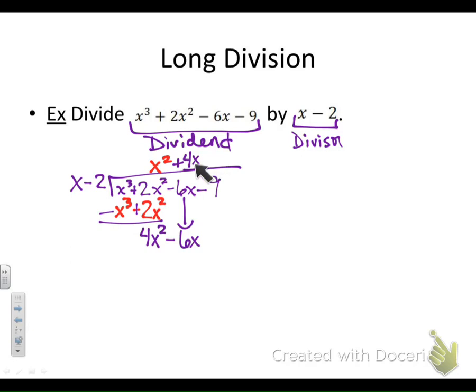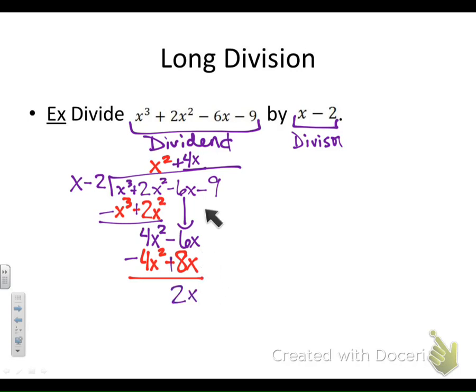So now I'm distributing and writing the product below. X times 4x, and then negative 2 times the 4x, because you have to make sure you distribute. And I've got to realize I need to subtract this product, so I'm going to change my signs.